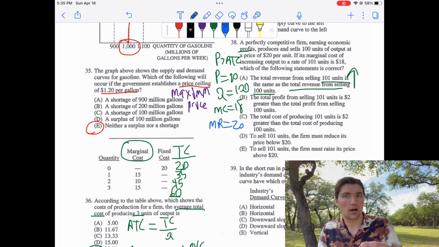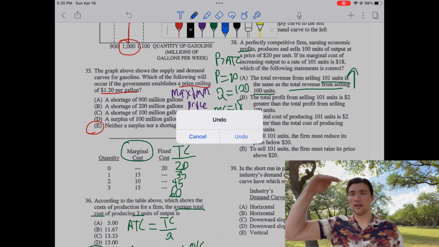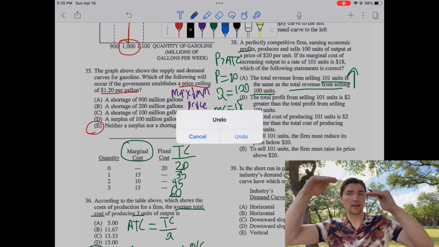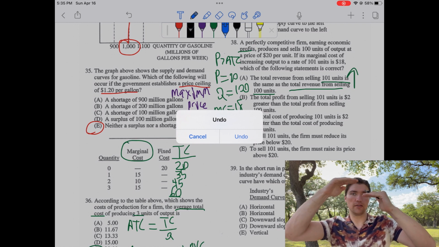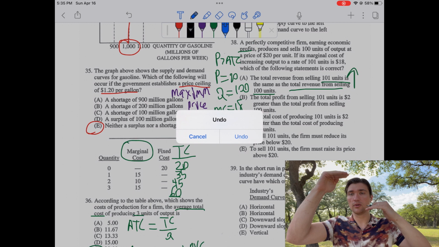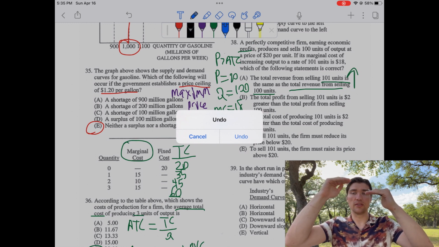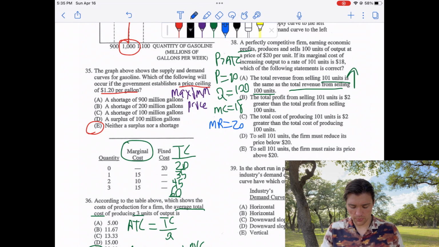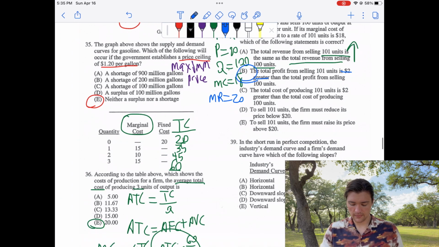How much does your cost go up? 18. So if your revenue goes up 20 and your cost goes up 18, how much did your profits go up? 2. You're going up 20 on your revenue, up 18 on your cost. So the difference there is your profits are going to be $2 greater. So B. Okay.